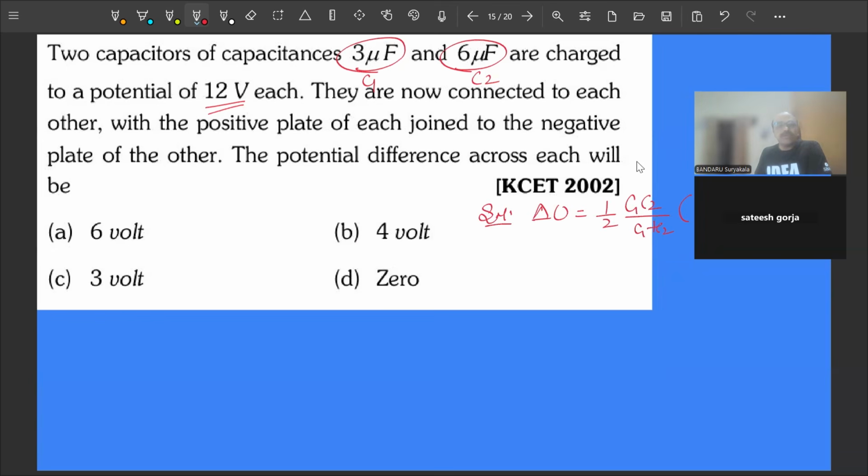Here no need to do the calculation. Both are charged to 12 volts, so V1 equals V2 equals 12 V. So delta V is 0, and the answer you can take directly as 0. Okay, I think it's clear.